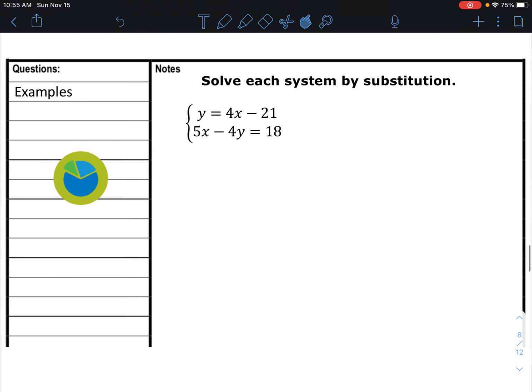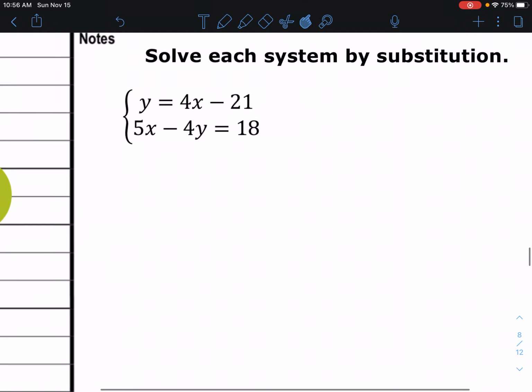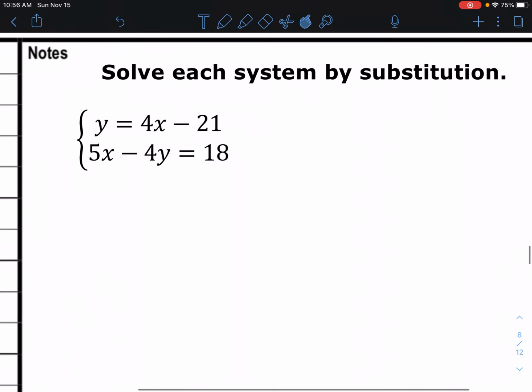Okay, we are going to solve this system by substitution. On the previous slide, I said you need to make sure one of the equations says x equals or y equals. If you have that, at least one of them, then you can use substitution. And here you can see we have y equals 4x minus 21.